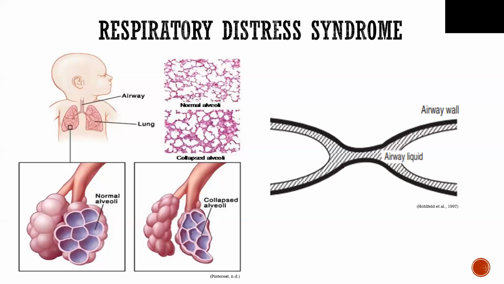And this is all contributed to by the lack of surfactant. So again, without surfactant, the lungs are greatly impaired, and you can imagine how hard it will be for these neonates to breathe.